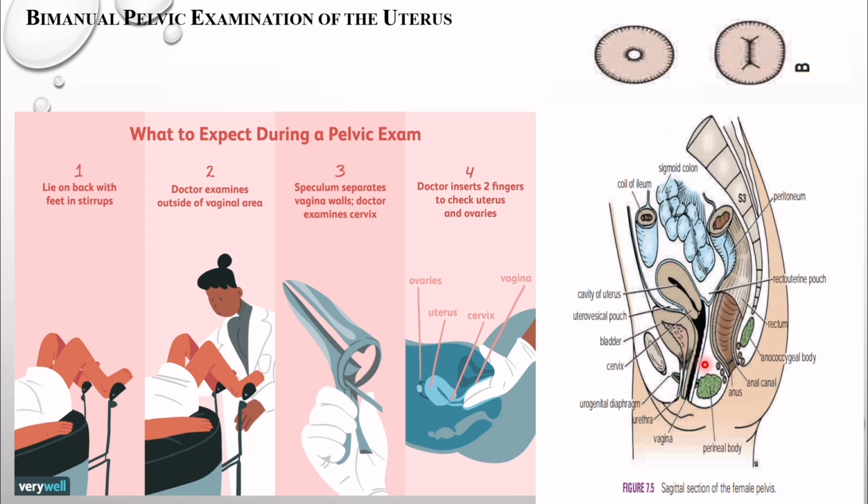In the middle and lower third, anteriorly we'll feel the urethra, then posteriorly we'll feel the perineal body.